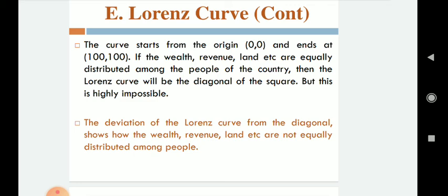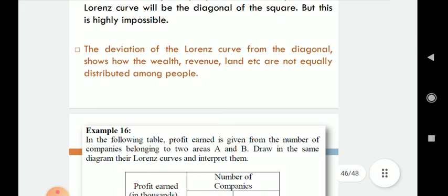If the wealth, revenue, land, etc. are equally distributed among the people of the country, then the Lorentz curve will be the diagonal of the square. However, this is highly impossible. The deviation of Lorentz curve from the diagonal shows how the wealth, revenue, land, etc. are not equally distributed among the people.